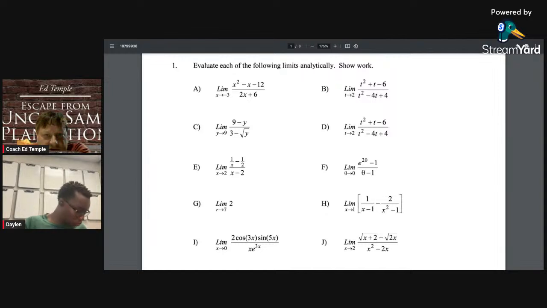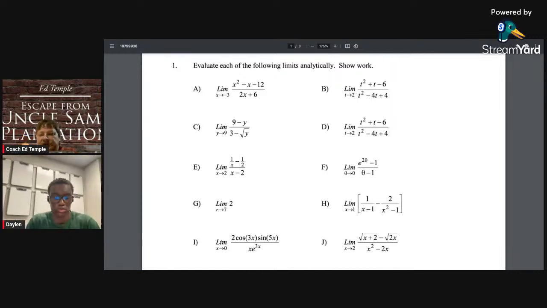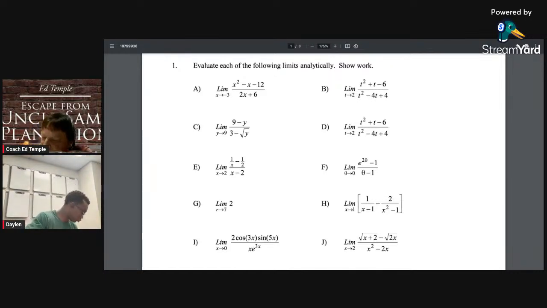So what you get to do is, when they're set up like these polynomials, you have to factor. So you see the top. Let's say you're doing letter A, and it is x squared minus x minus 12 all over 2x plus 6.